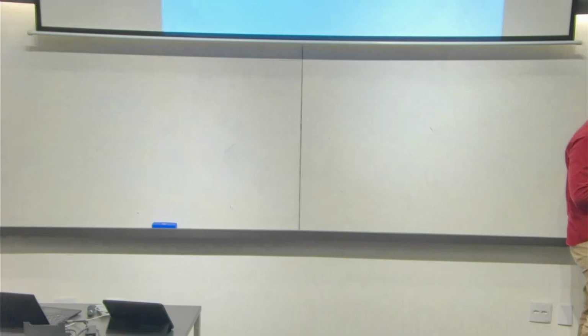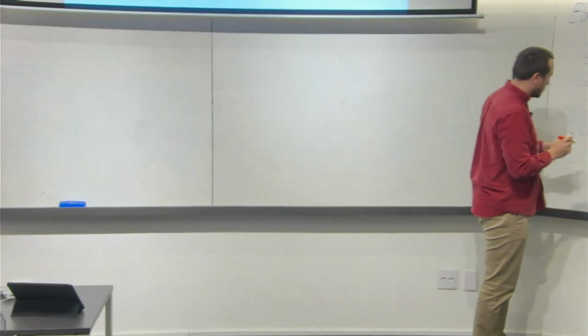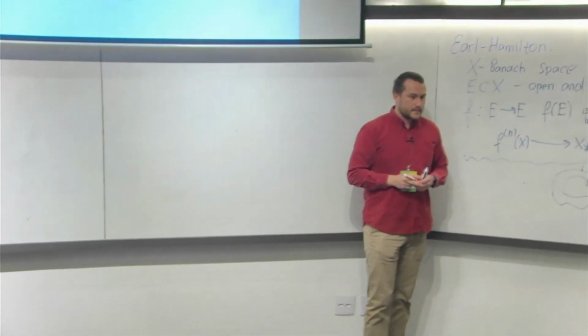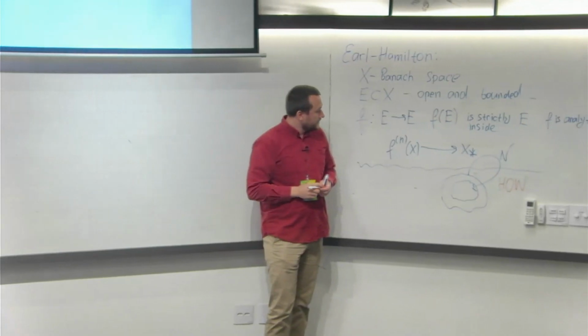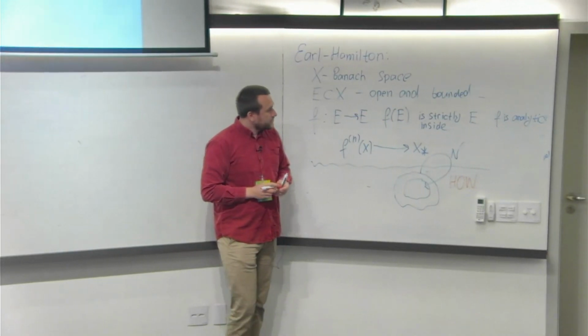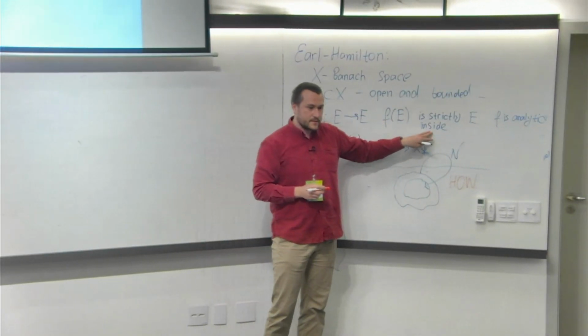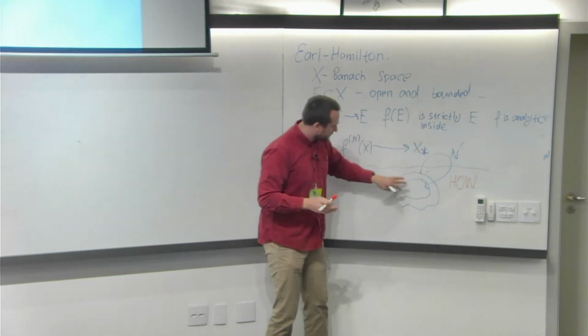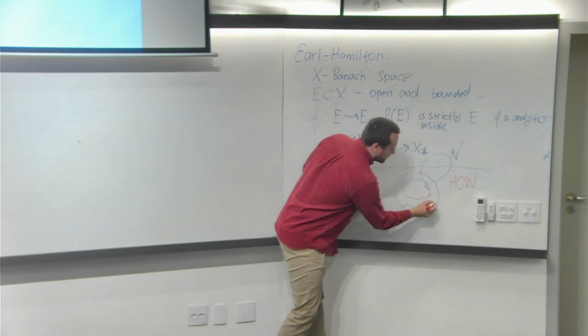Sorry, I'm a bit confused by the statement. Is Fn the n-th iteration of f? Yes, it's the n-th iteration of f. But then, say I take a map that rotates in the plane. Your image should be strictly inside. It means that you should have some distance here.